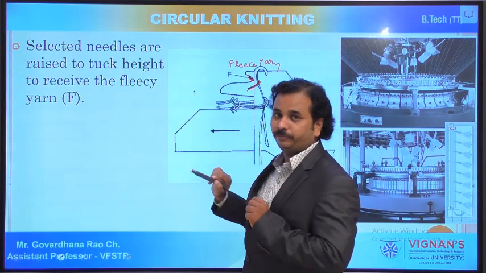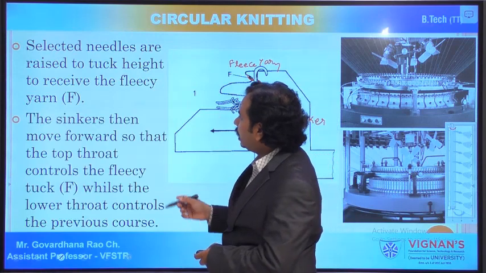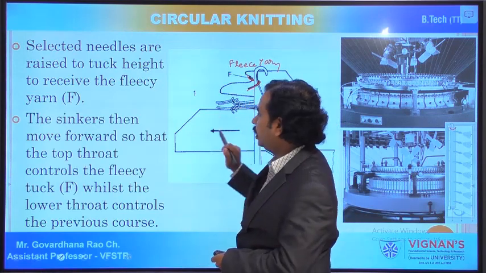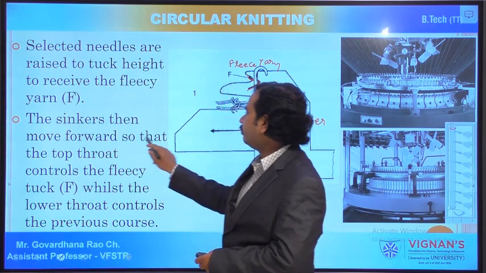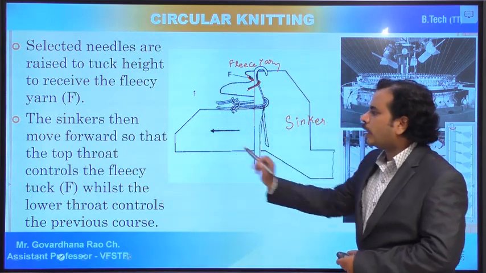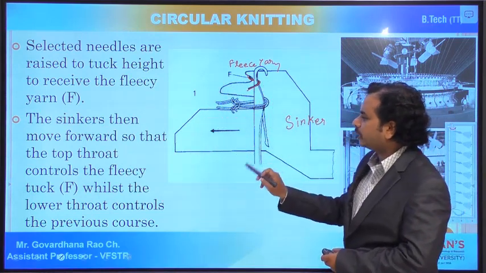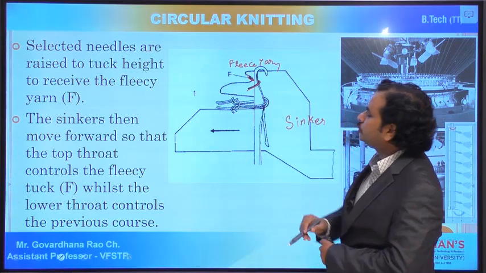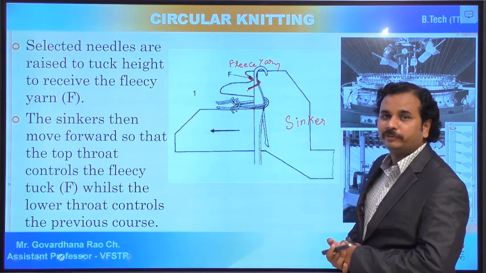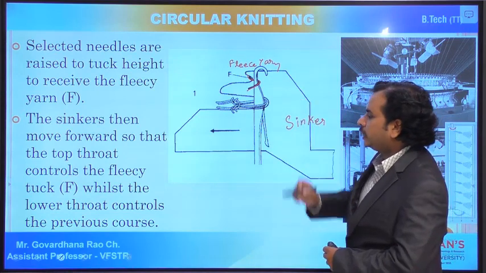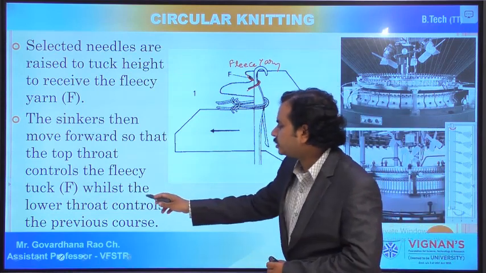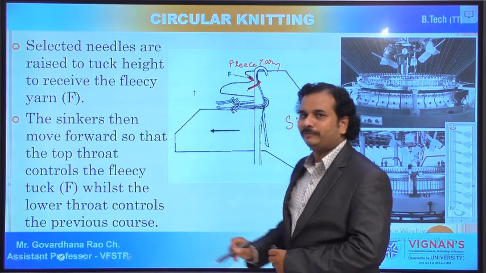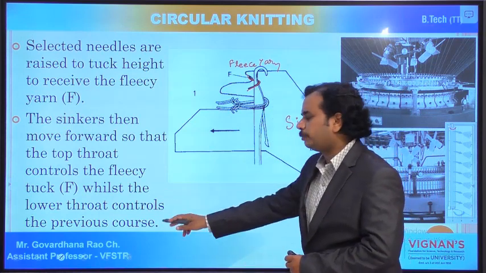That is F. After the needle rises, the sinker moves forward so that the top throat controls the fleecy tuck. You can observe the fleecy tuck is controlled with the help of a sinker, while the lowest throat of the sinker controls the previous course.